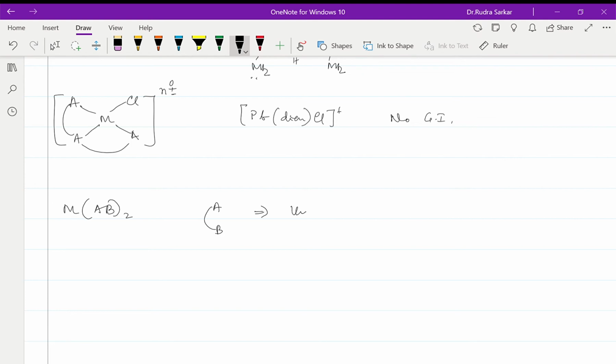This is an unsymmetrical bidentate ligand with two different donor atoms.